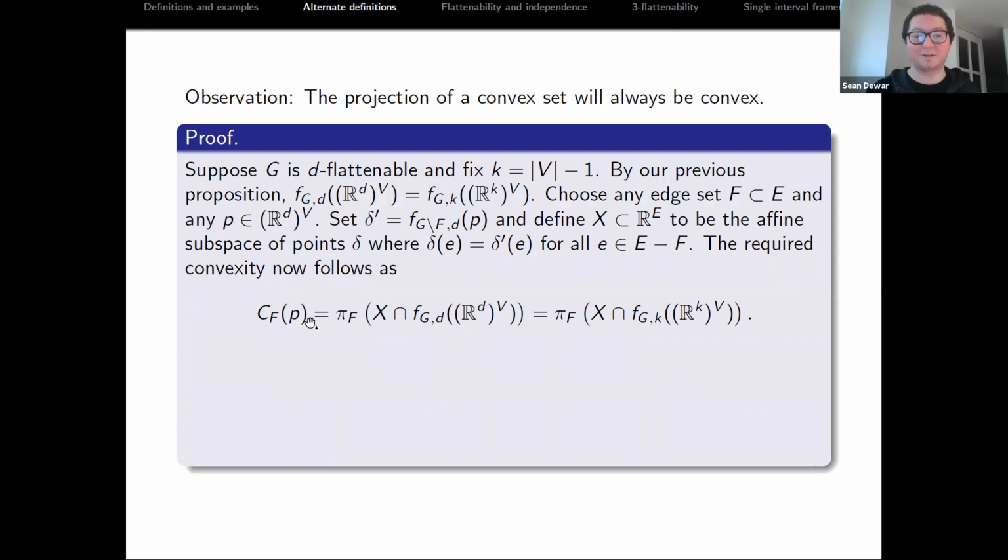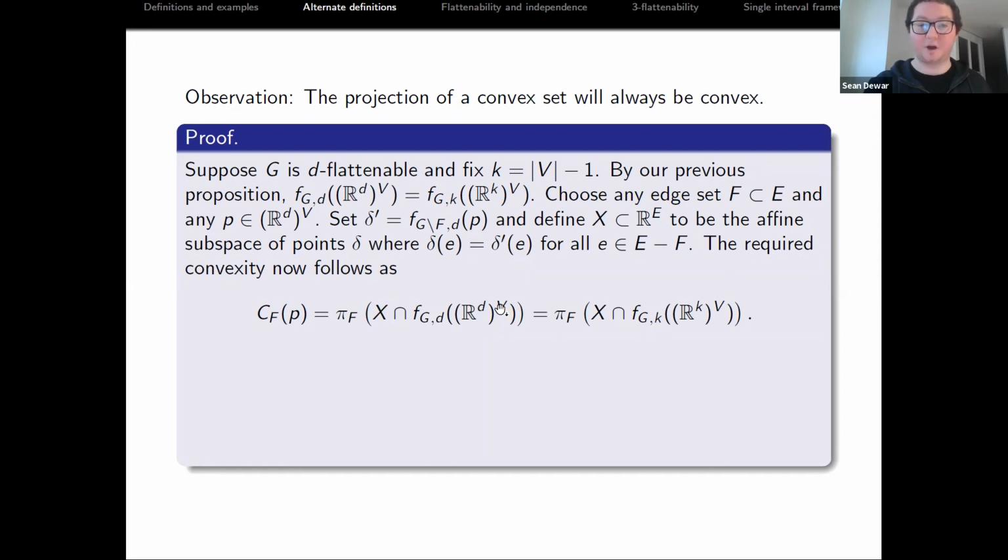What we now notice is that this is going to be equal to, like I said, this right here, because all this is saying is we're taking the possible edge lengths of all the realizations of GP, but we're fixing all the edge lengths that aren't in F. They're all being fixed to be equal to this.